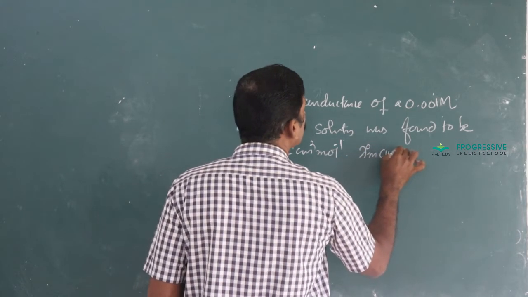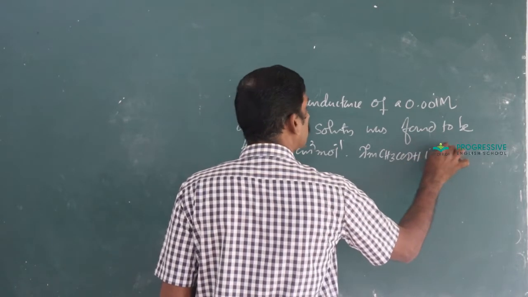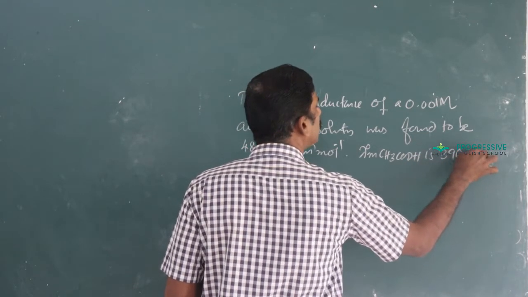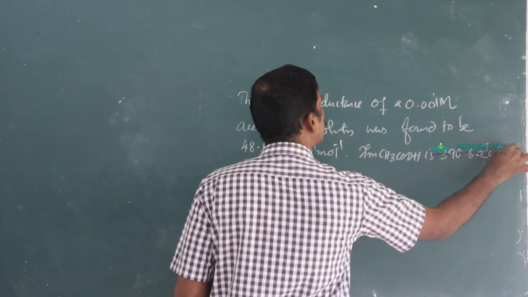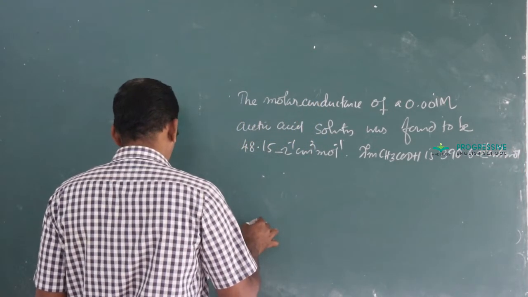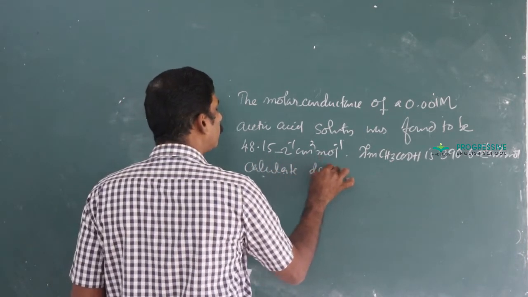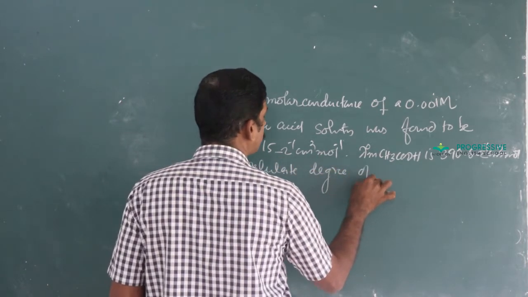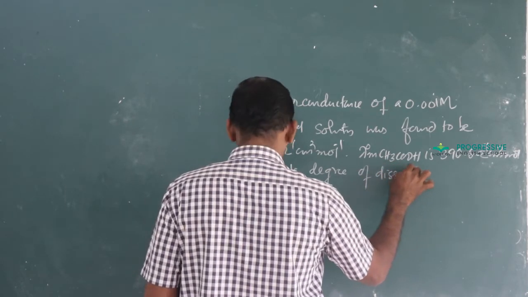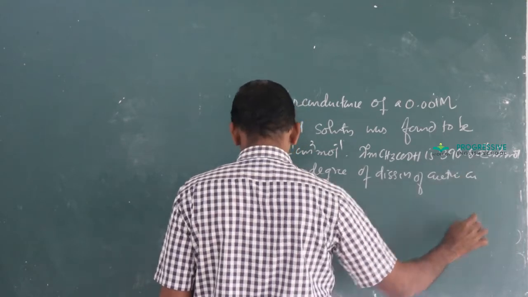Lambda 0m CH3COOH is 390.6 ohm inverse centimeter square mole inverse. Calculate the degree of dissociation of acetic acid.